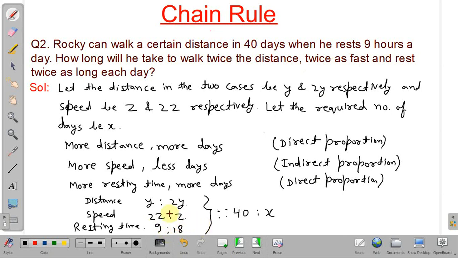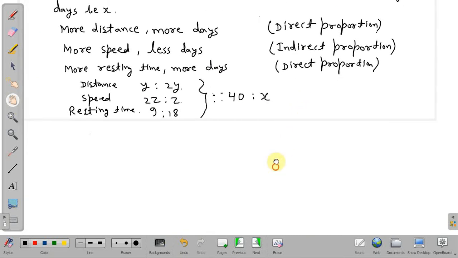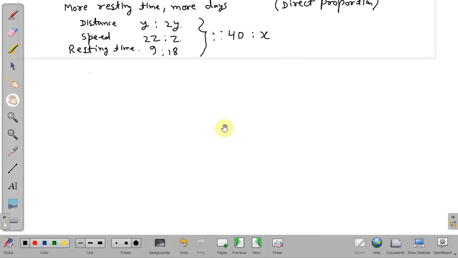Now by using the relation of proportion, that is product of means is equal to product of extremes, we can write y into 2z into 9. These are all extremes on the LHS, and here it is x. It is equal to product of means, so 2y into z into 18 into 40.